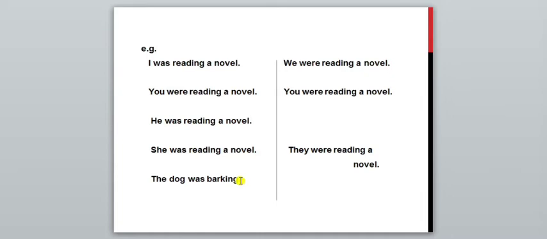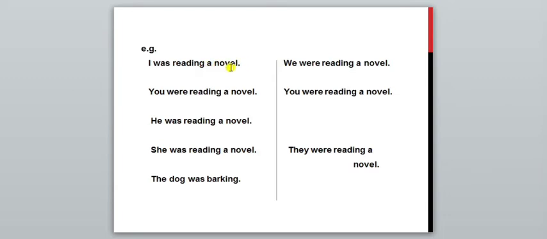Okay, if you decide, you have to change the verb. Instead of reading, you people can use writing. Means I was writing in my notebook. I was writing tables. I was writing sentences. Right?